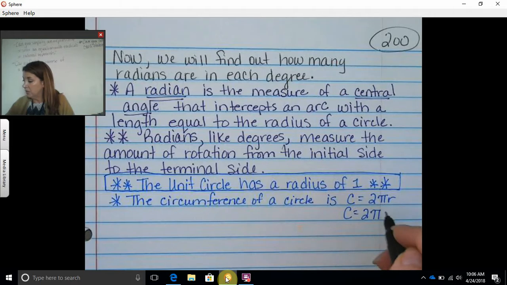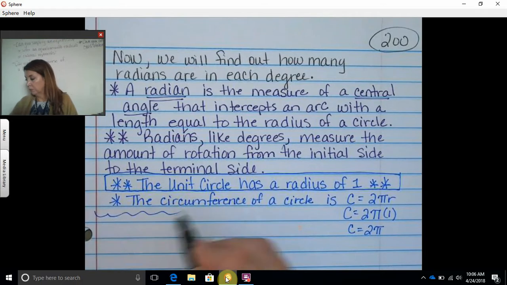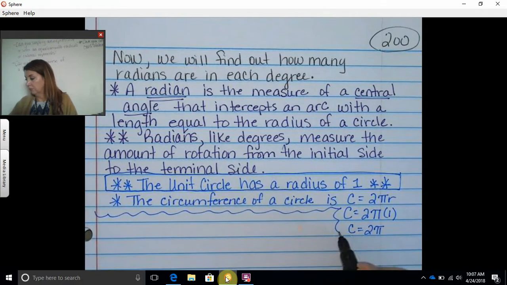So 2 times pi times 1 means that the circumference of a unit circle is just 2 pi, because the radius is 1.